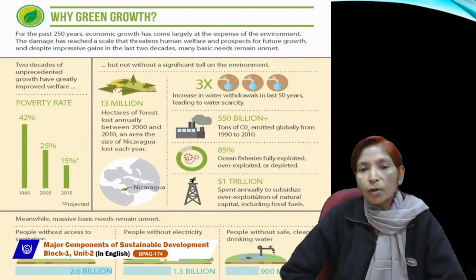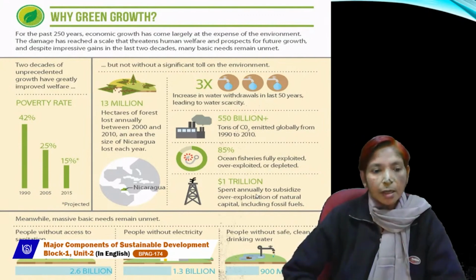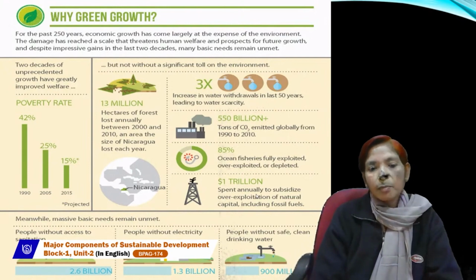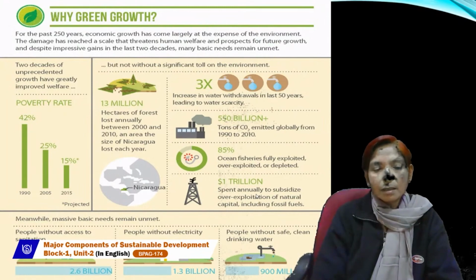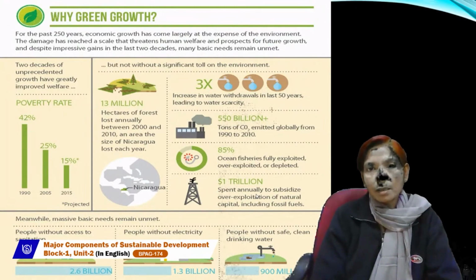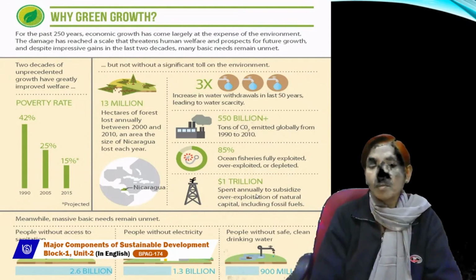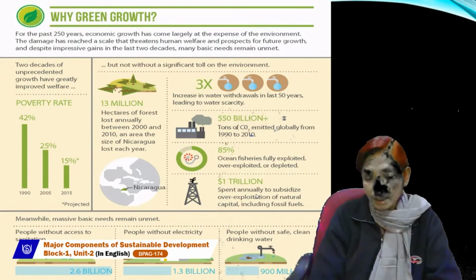There has been a similar increase in water withdrawals in the last 50 years, leading to water scarcity. The number of people without access to sanitation is 2.6 billion. Without electricity, the number of people is 1.3 billion. And people without safe, clean drinking water number 900 million.